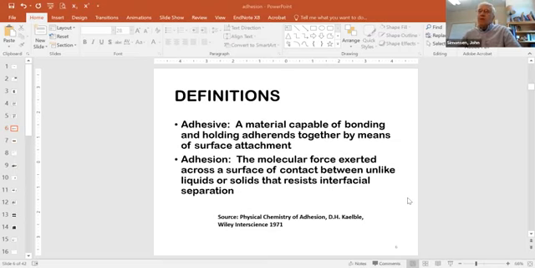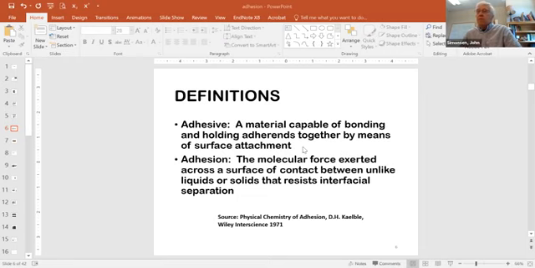So it's a kind of a circular thing. It doesn't really help very much. But I finally found these in a physical chemistry textbook. So it talks about the adhesive being a material, bonding and holding. Adherend is a little lingo word. It means just the two things that you're gluing together.